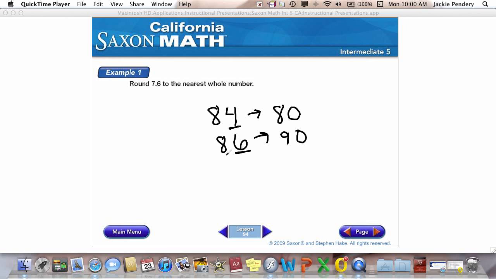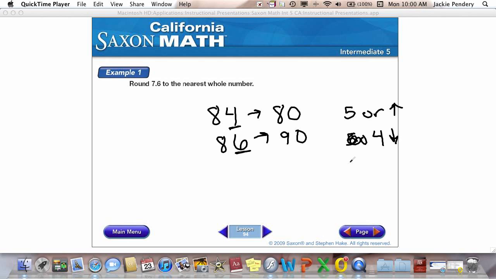So if I'm rounding to the tens, I would look at the number in the ones place to decide if I would round up or round down. Remember, 5 or more goes up, 4 or less, we round down.